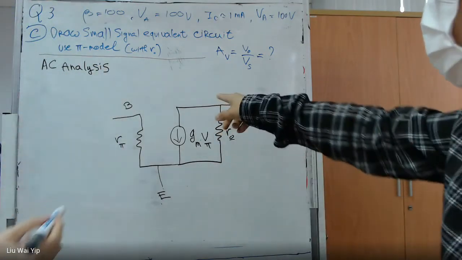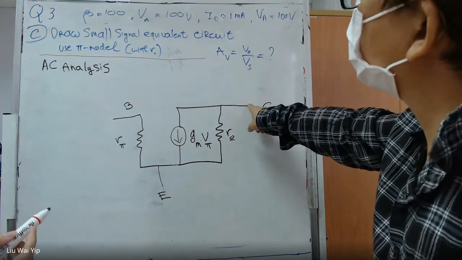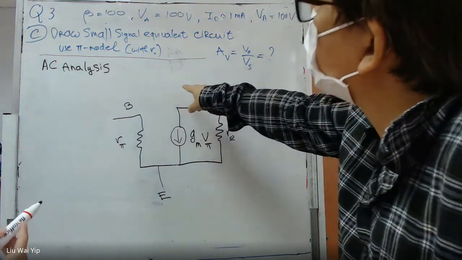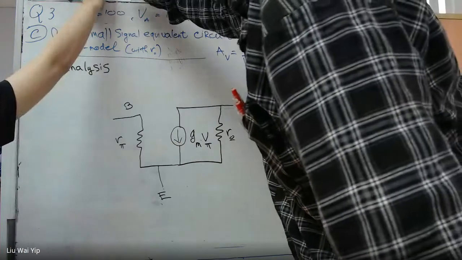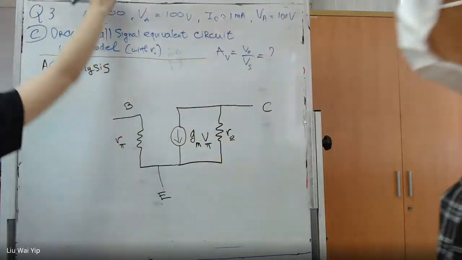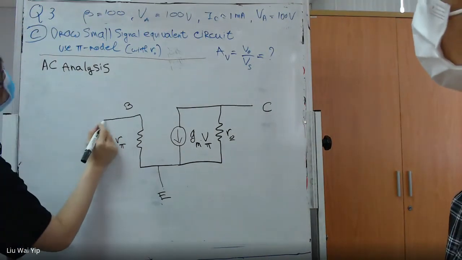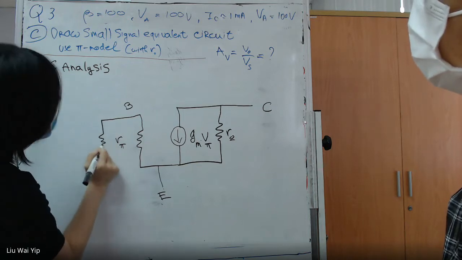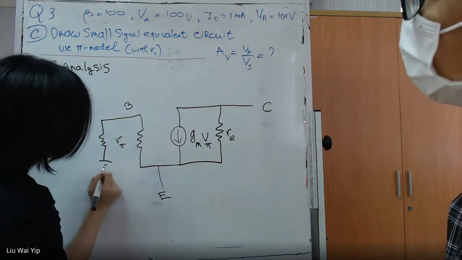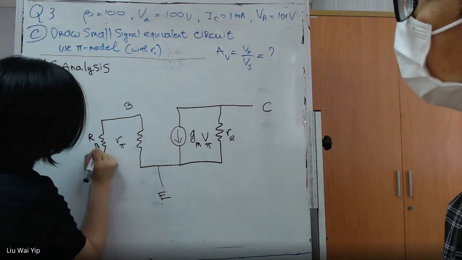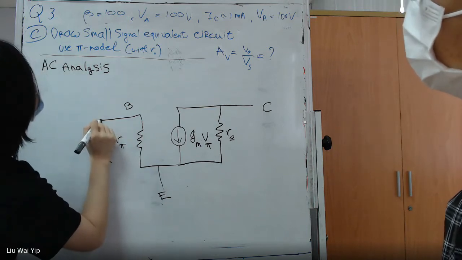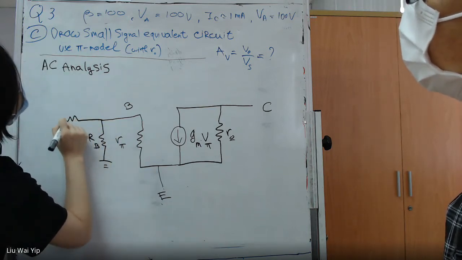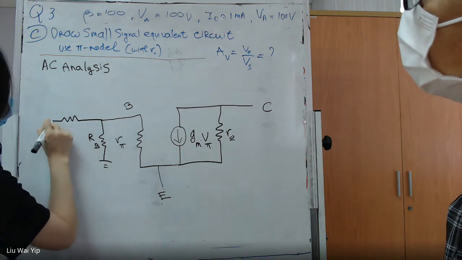Okay, continue. First, the short circuit. So RP short circuit equal to RS, right? Yes.